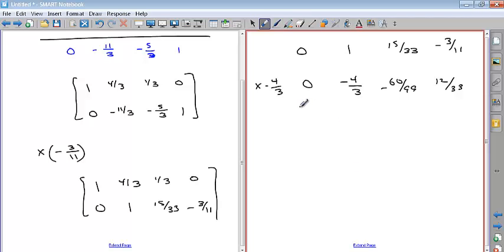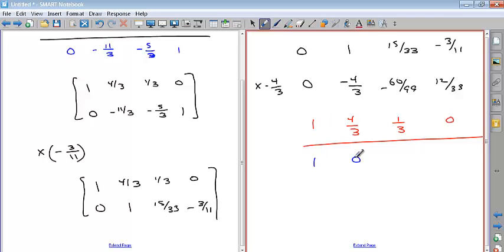So, and then I add these together. No, I don't have those together. So that was the second row multiplied by that. Then I take the first row and I add that together. So you get 1 plus 0 is 1.